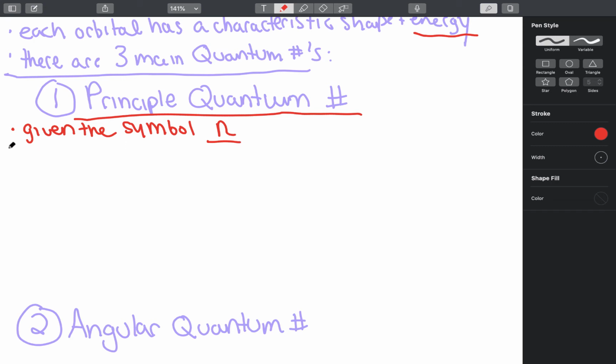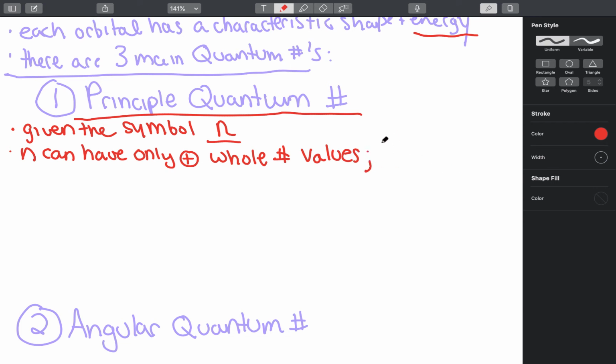The value n can have only positive whole number values. In other words, it can have values like 1, 2, 3, 4, all the way to infinity.